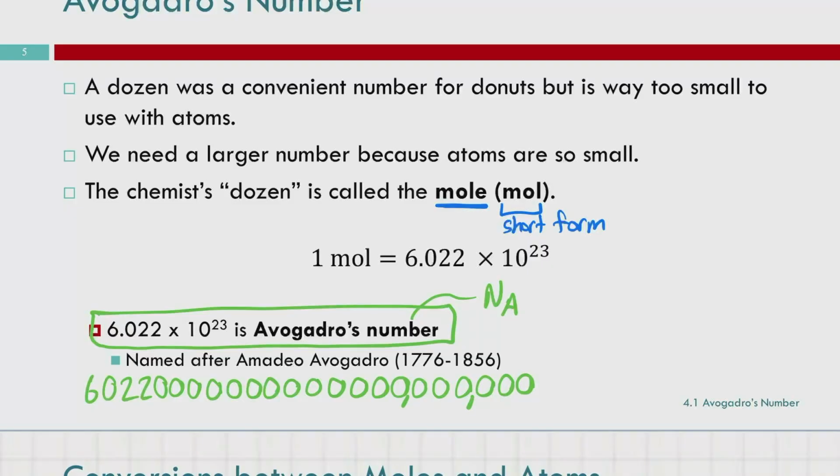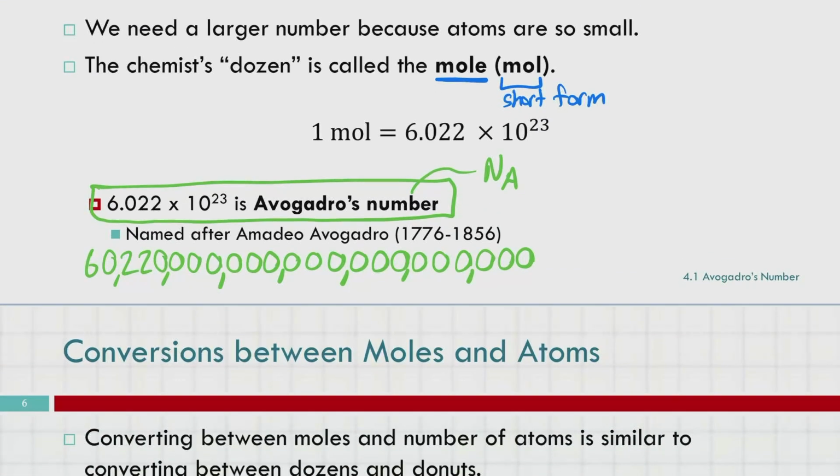And if we wanted to add in commas, it would look something like this. And I think I did screw up because I think it's supposed to be 602 sextillion. So I think there's supposed to be another zero in there. My bad, my oopsie. So using scientific notation saves us writing out all those zeros, and your calculator also is not going to let you write in that many zeros most of the time.